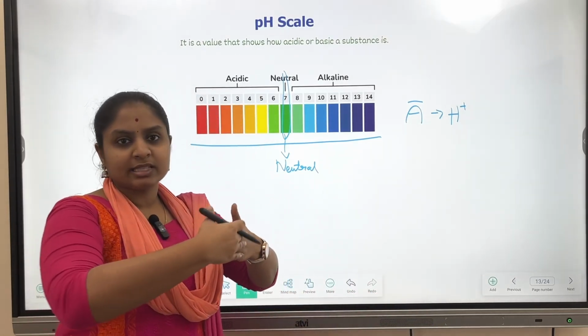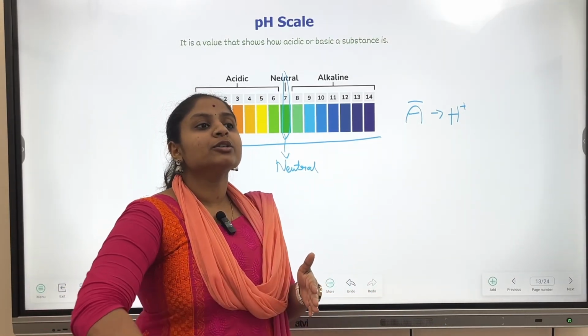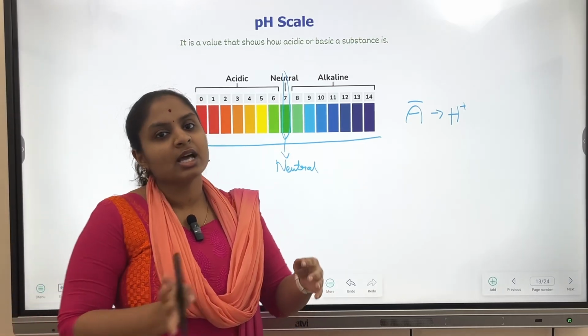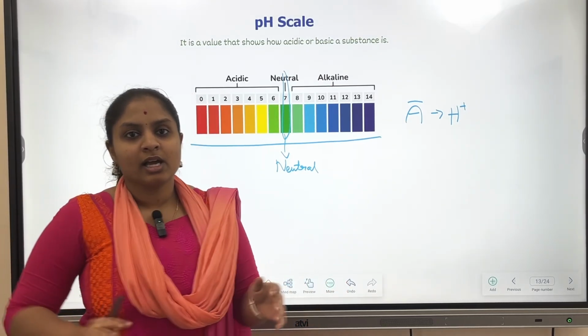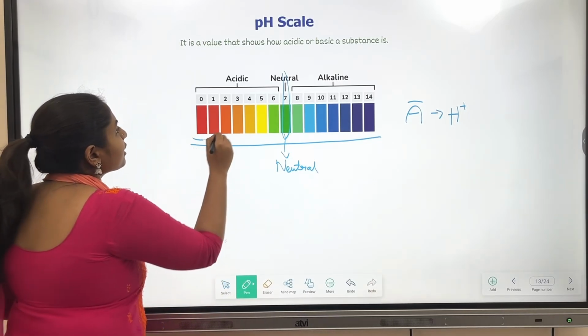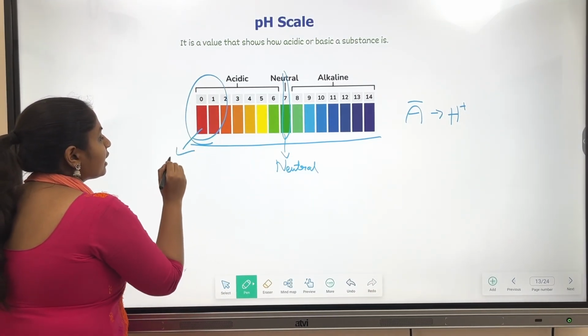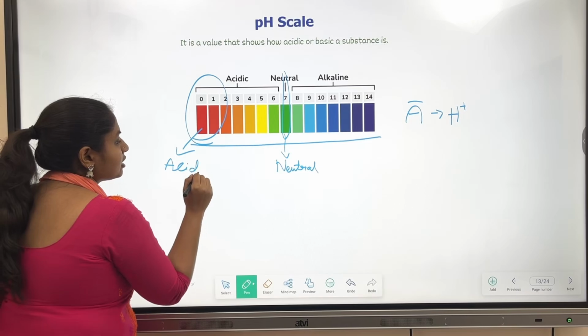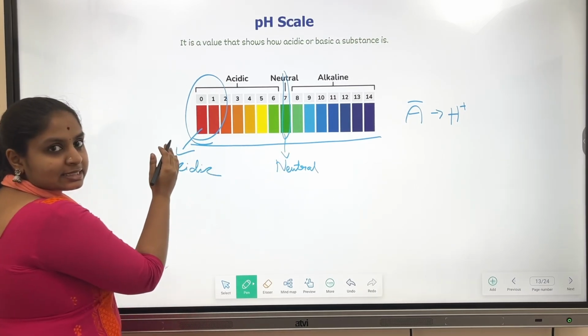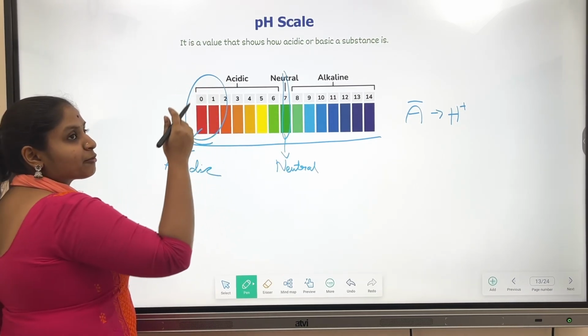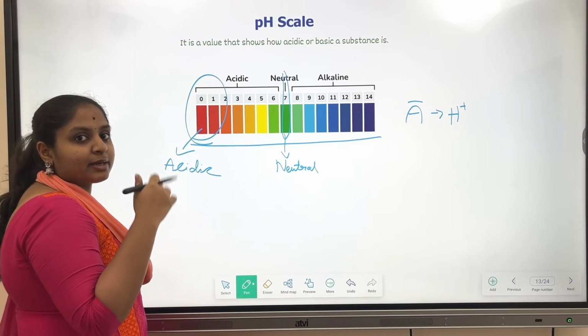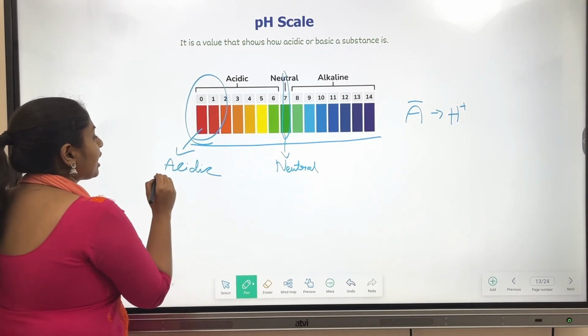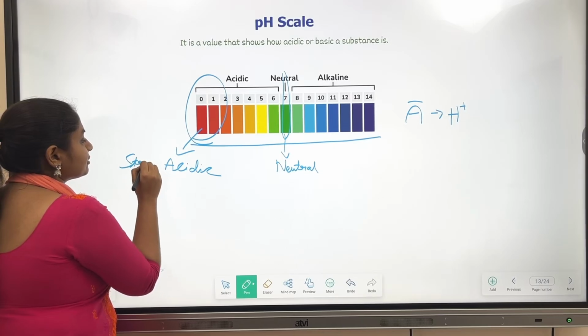Now if pH 7 is neutral, and I am producing more H+ ions, I am far away from neutral. So whenever I am far away from neutral, we are acidic in nature. All the values less than 7 are acidic. If I am very far, like a pH value of 0 or 1, I am a strong acid.